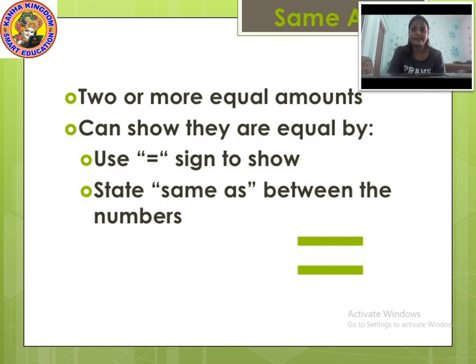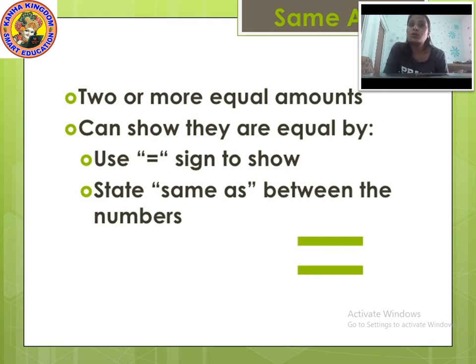Now let's start with the equal to sign. Two or more equal amounts can show they are equal. Equal amount means if the numbers or the things are equal on both sides, that we call equal to.